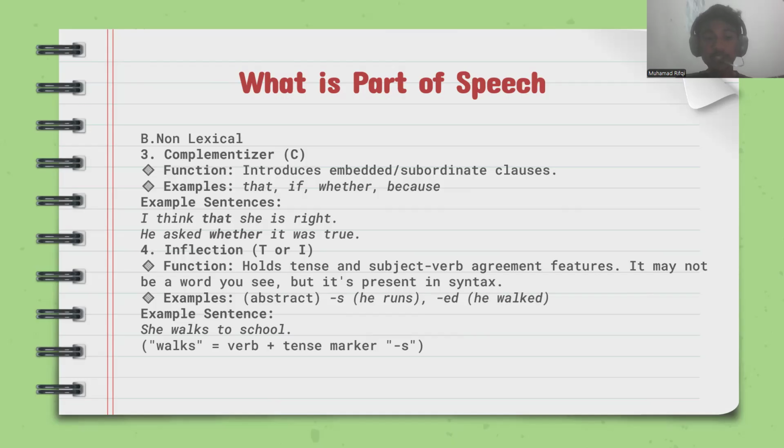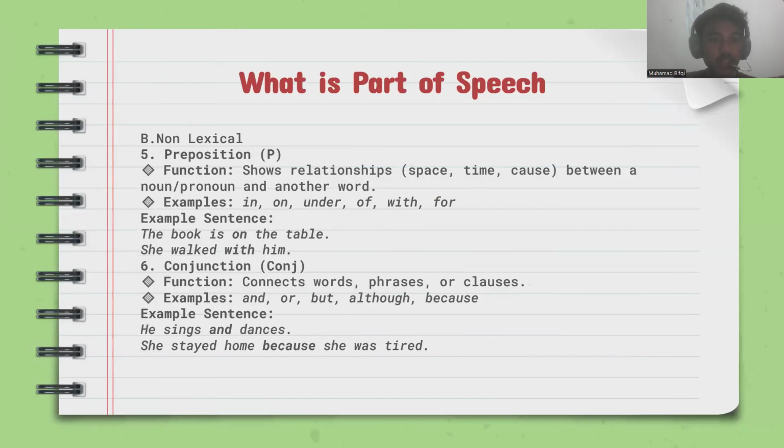Now 4, inflection, T or I. Functions hold tense and subject-verb agreement features. It may not be a word you see, but it is present in syntax. Examples: s, he runs. Ed, he walked. Example sentence: she walks to school. Walks is verb plus tense marker s. Number 5, preposition. Shows relationships of space, time, cause between a noun or pronoun and another word.